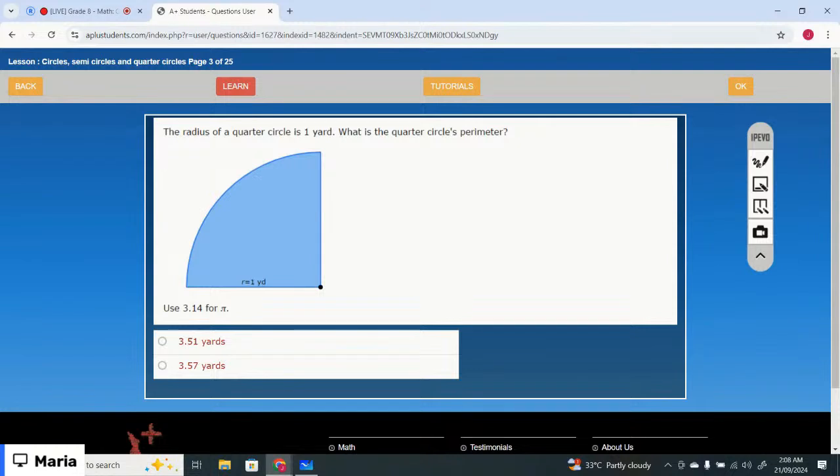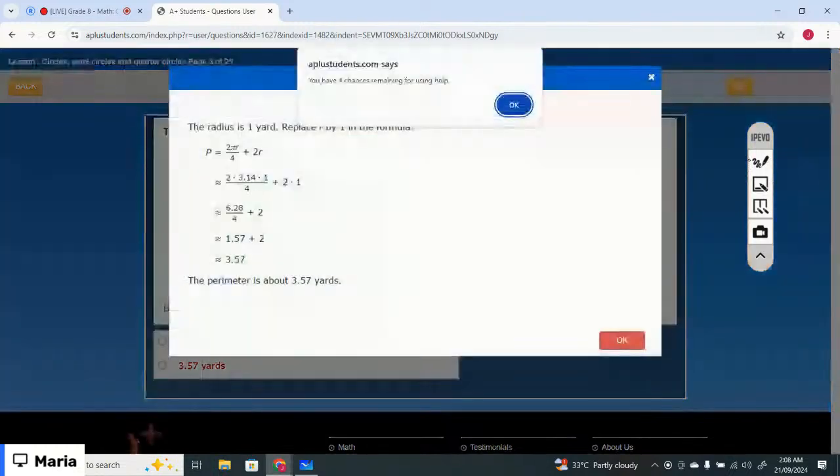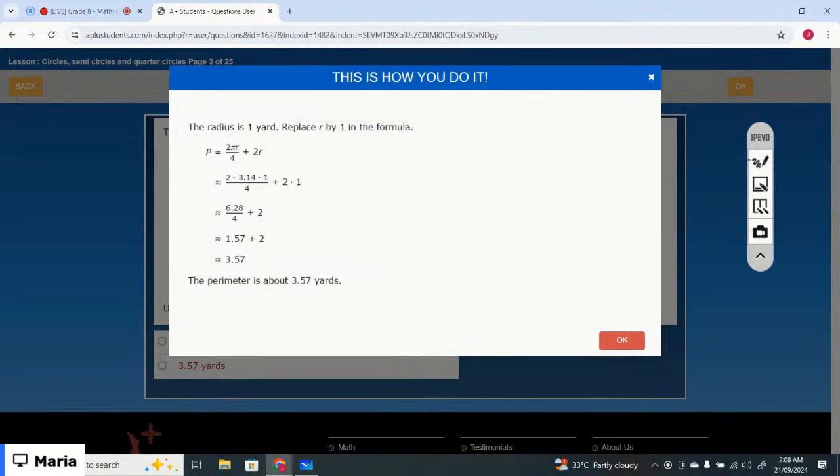The radius of the quarter circle is 1 yard. What is the quarter circle's perimeter? The formula we are going to use for the perimeter of the quarter circle is P equals 2 pi r divided by 4 plus 2r. Just put the values in the formula, that is 2 times 3.14 times 1 over 4 plus 2 times 1, because the radius given is 1. So just do the calculations. The perimeter is about 3.57 yards.